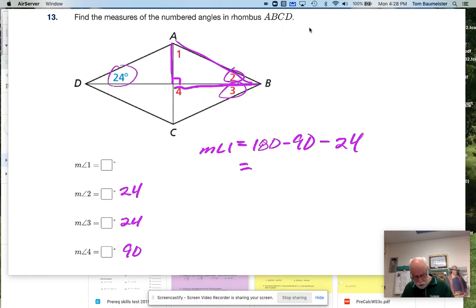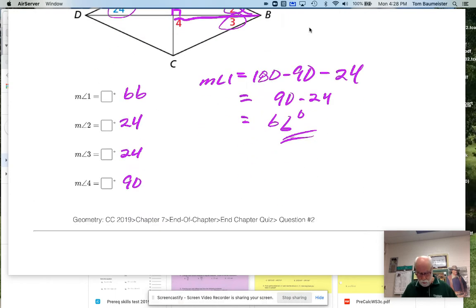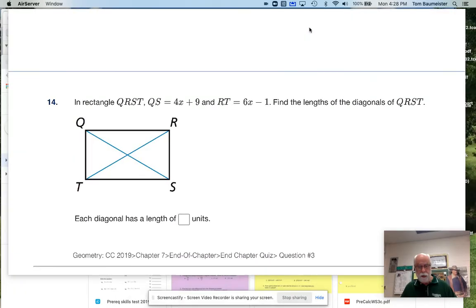Or we could have just said, hey, these two here are complementary. So we could have just said the same thing. Well, you'll notice I still get 90, so 90 minus 24. And then I'll get that the measure of angle 1 is 66 degrees. Okay.